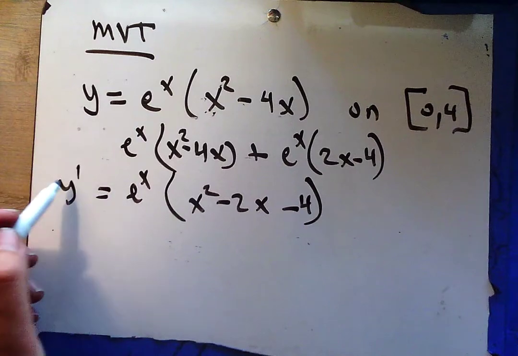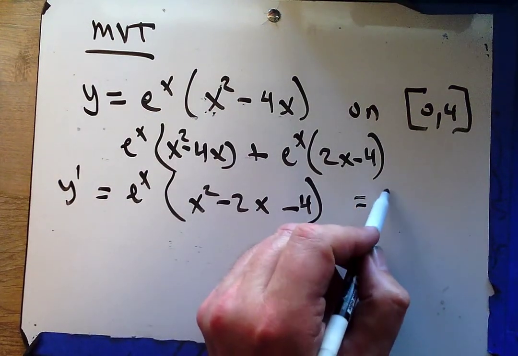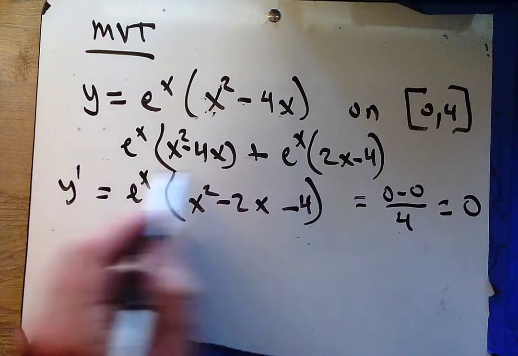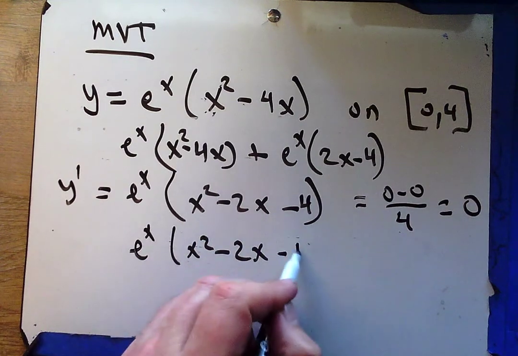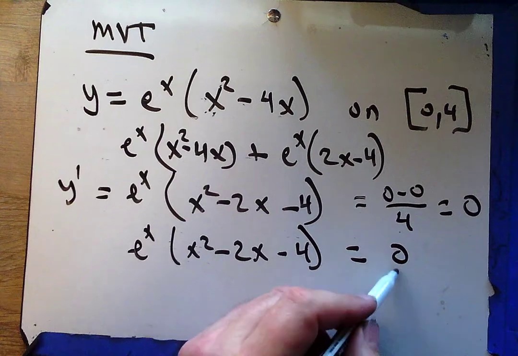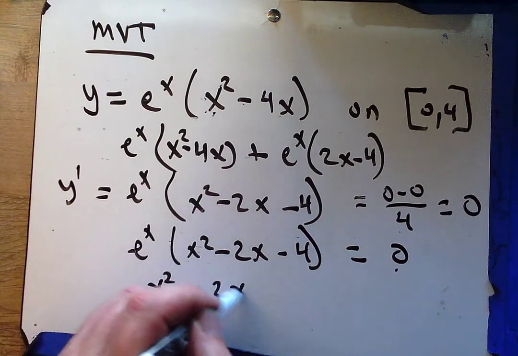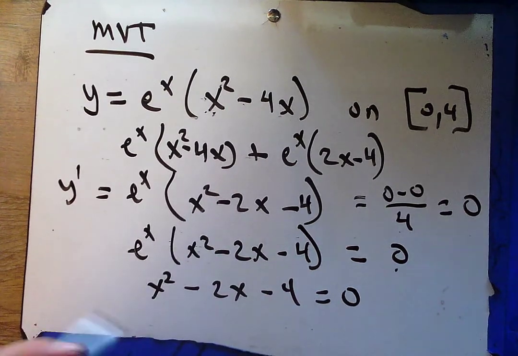And we want to know when the instantaneous rate of change is equal to 0 minus 0 over 4, or 0. So I want to set this equal to 0. Well, e to the x is never equal to 0. So I only have to worry about this. Sadly, this is not factorable.